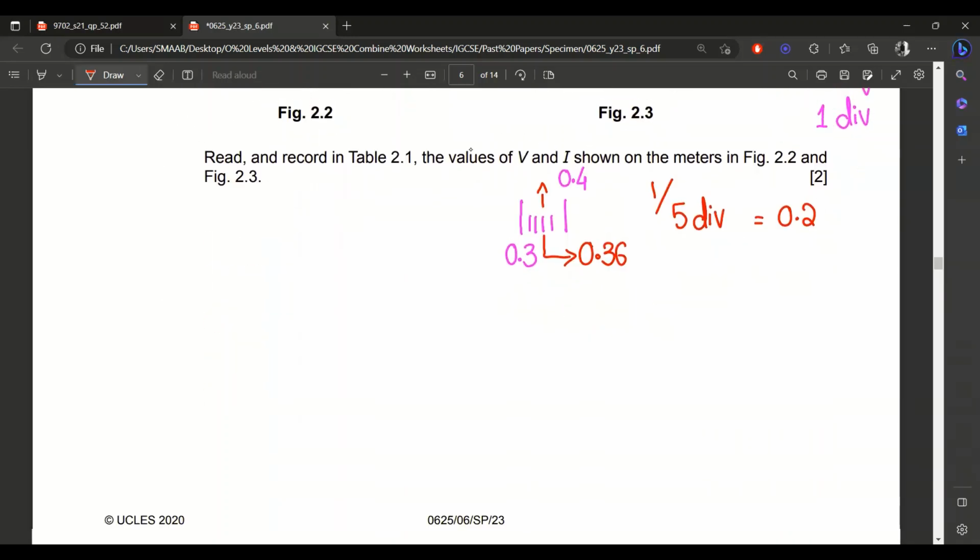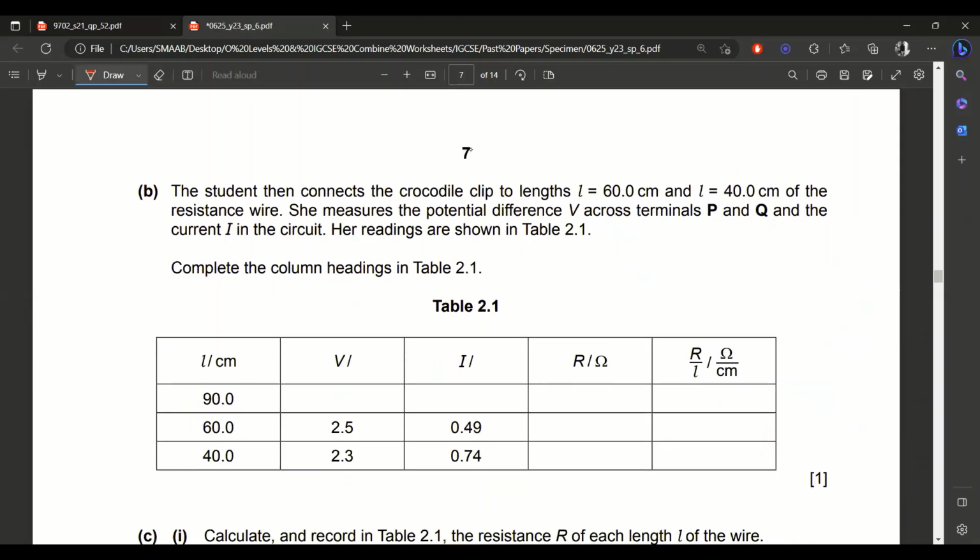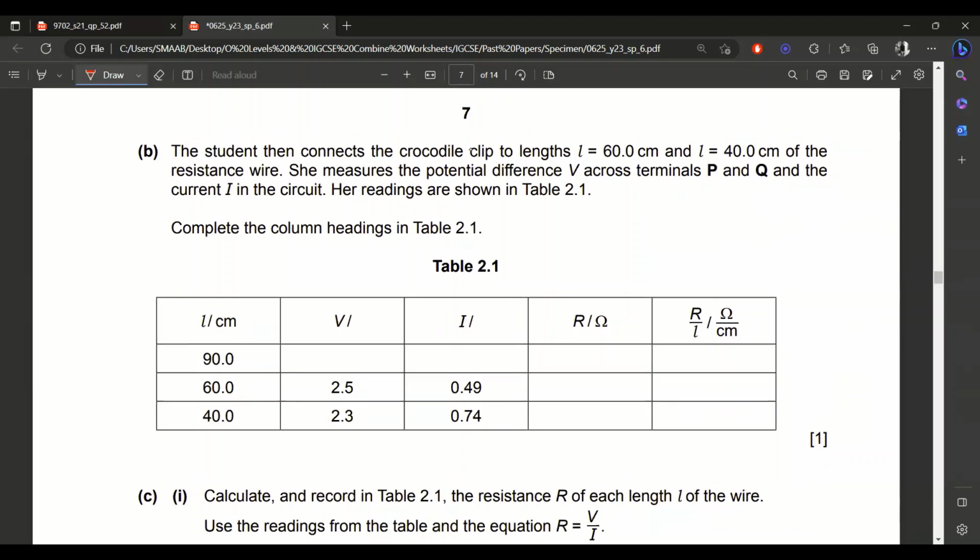So we are getting 2.6 from the voltmeter, and 0.36 from the ammeter over here. And now we have to complete the remaining values. That is the B part of this question.